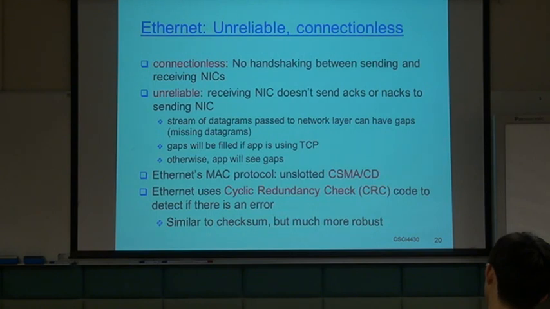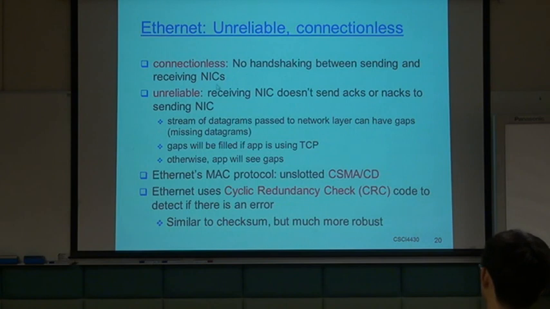Now, Ethernet by itself, if you don't put in any checksum in here, is connectionless. First of all, there are some properties regarding Ethernet. One thing is there's no handshaking, so it's not like TCP. You don't first set up a connection. You just send the frame directly to the receiver side.